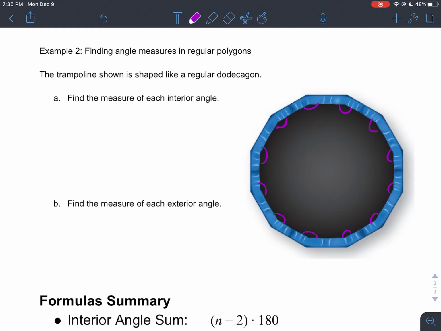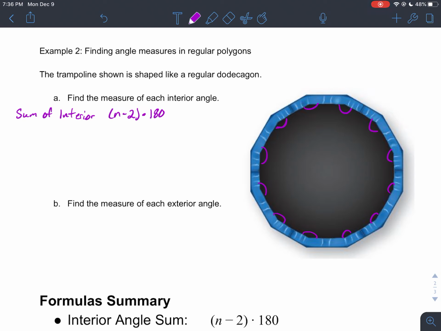So for the interior angles, before I can find the measure of each interior angle, I have to know what they add up to all together. So to find the sum of interior angles, the sum of interior is, just write it out, n minus 2 times 180.